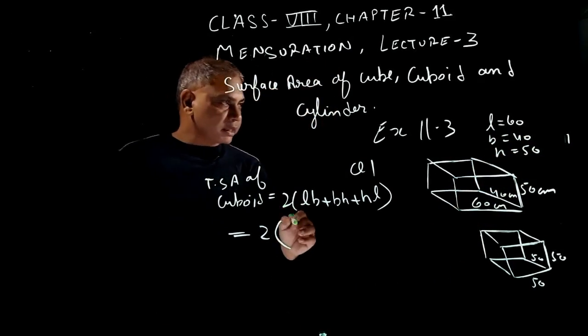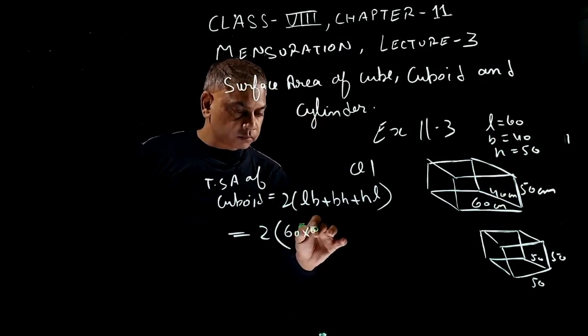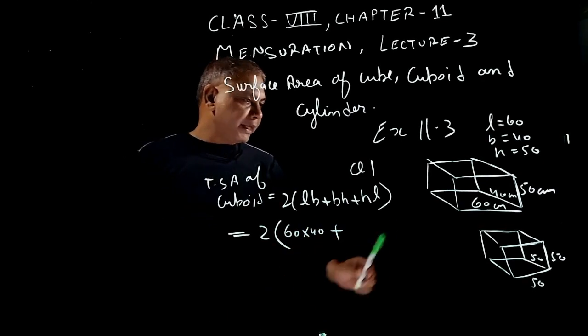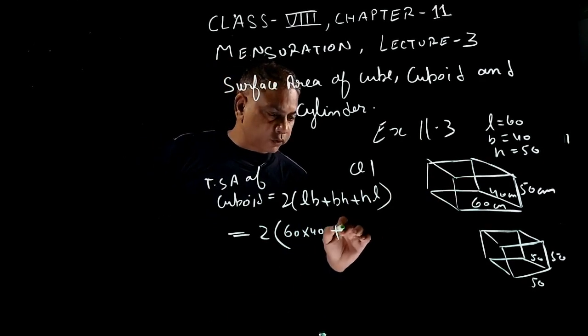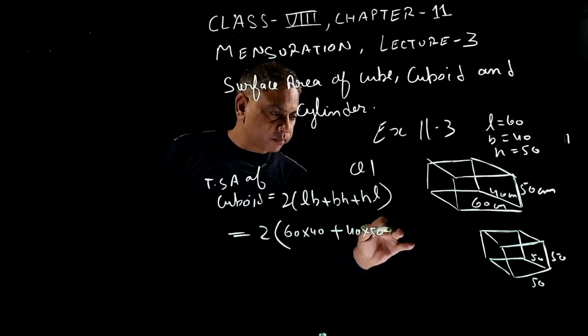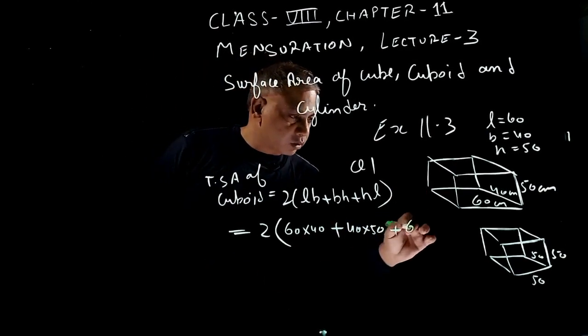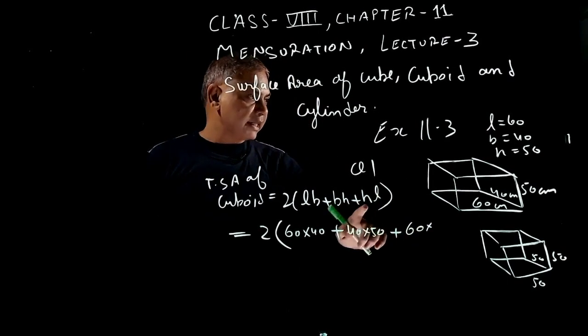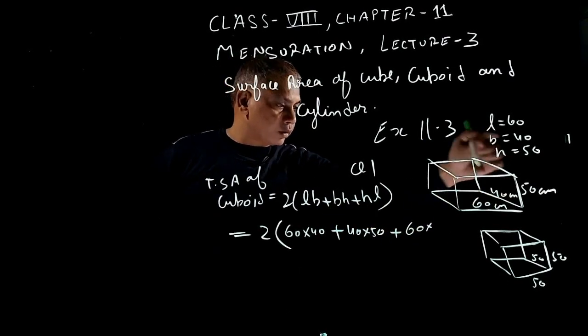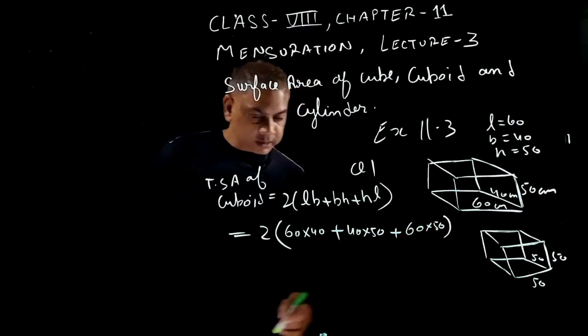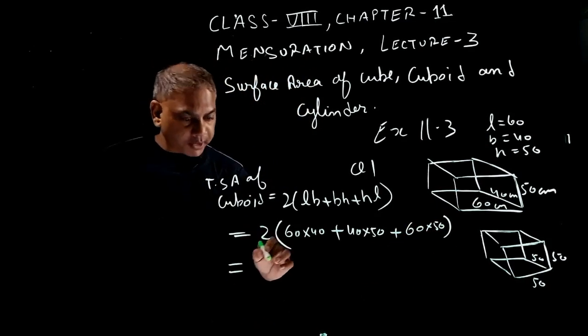So L into B, that is 60 into 40, plus B into H, 40 into 50, plus HL, height 50 into 60. Okay, this is the formula for total surface area of cuboid.